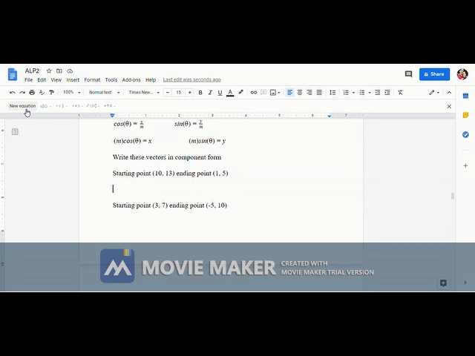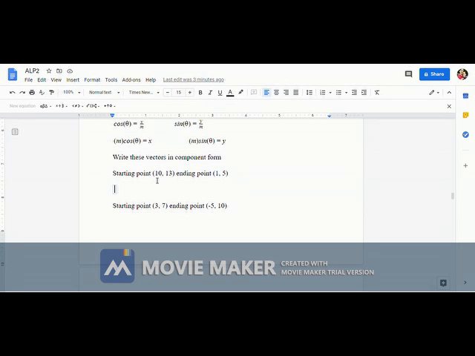So it says write these vectors in component form, so we're going to get this equation here. And in order to write it in component form, first we have to understand where the vector is.